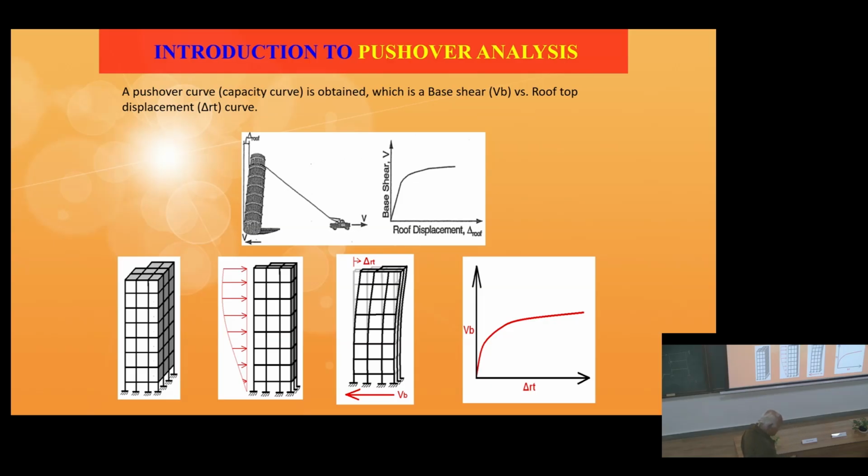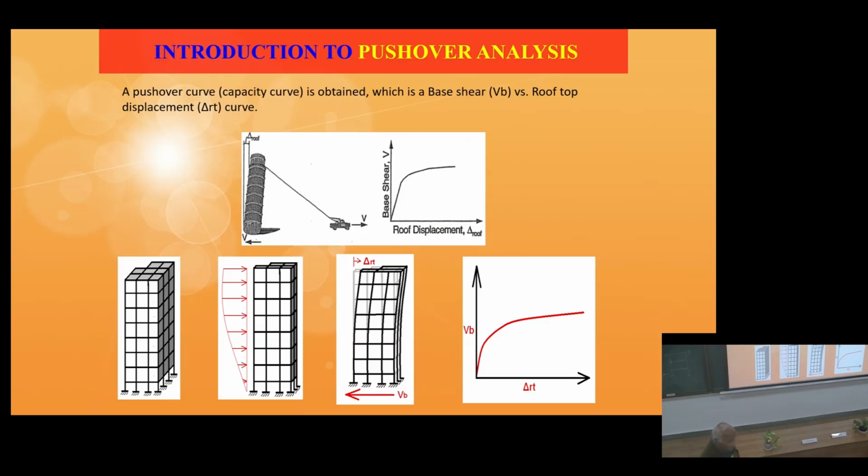It means that up to this point, there is no plastic hinge that has formed. None of the portion of the structure went into the inelastic state. They are all elastic. Okay. That's why it was linear. But after this point, gradually inelastic deformation started taking place in the members.